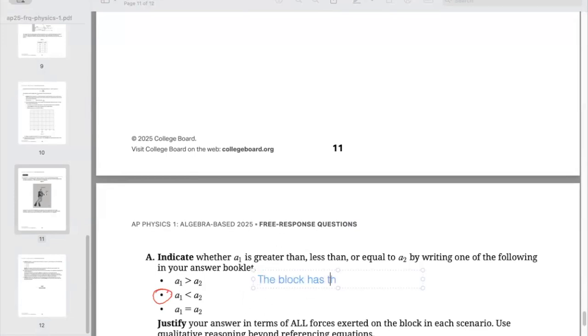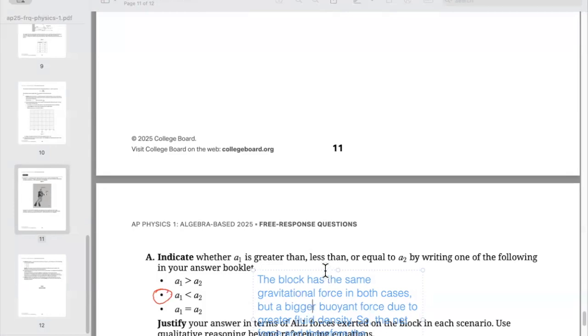The block has the same gravitational force in both cases, but a bigger buoyant force due to greater fluid density. So the net force and therefore the acceleration of the block is larger with salt water in the second case.